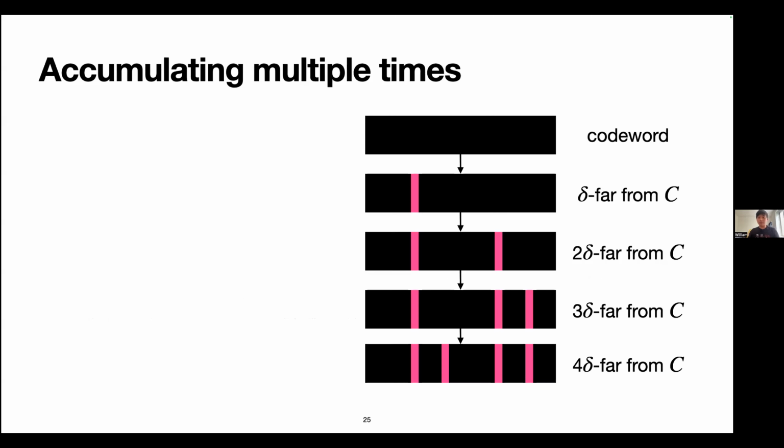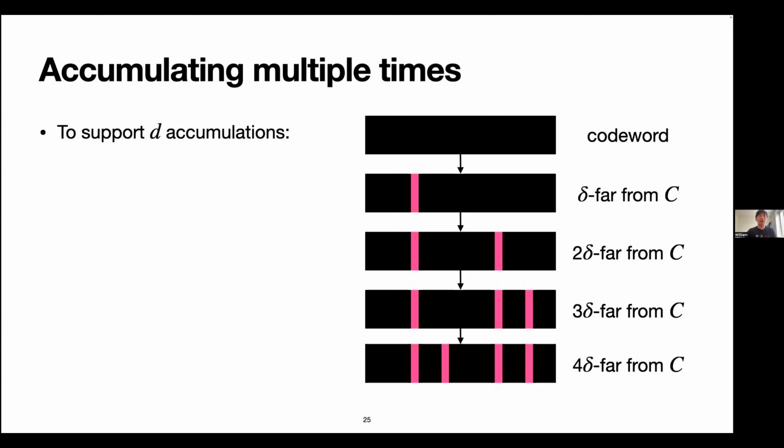In general, if you want to accumulate k steps, then the oldest proof or oldest accumulator will be noisy with k delta noise. And as soon as this noise exceeds the unique decoding radius of the code, it's meaningless because you can't make any claim about the underlying decoding satisfying the linear relation.